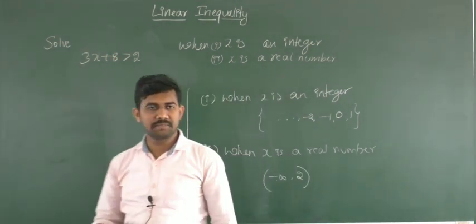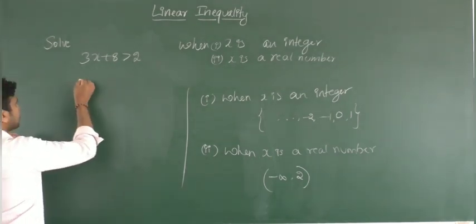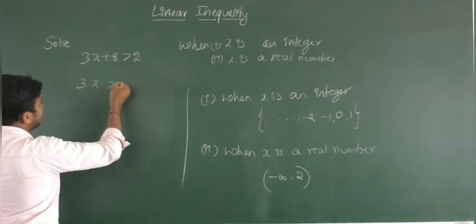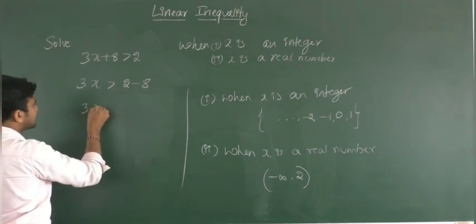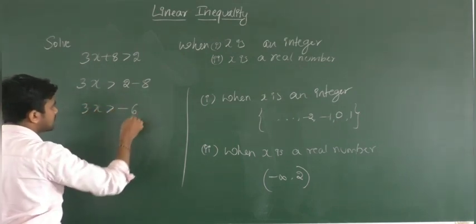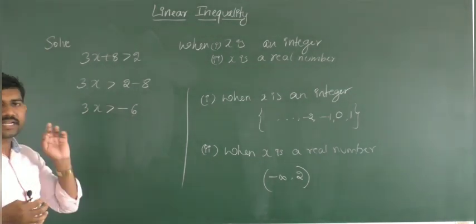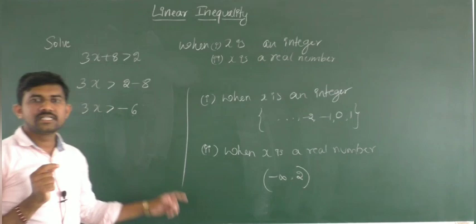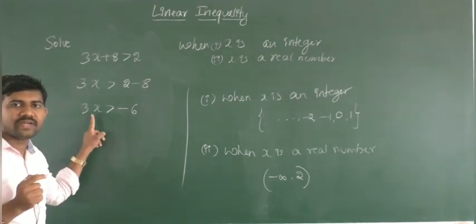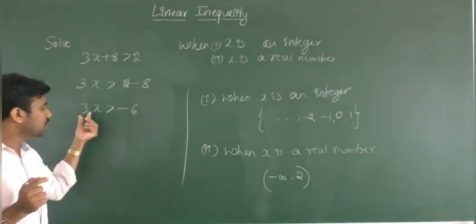See what we'll get. This is nothing but 3x greater than 2 minus 8, or 3x is greater than -6 we will get. But we need x here. So what is the coefficient of x we have here? 3. So we have to remove 3.